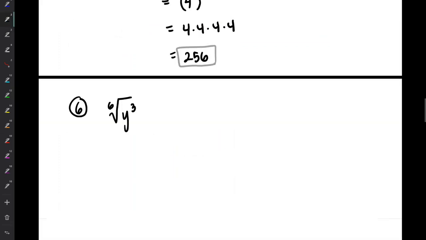All right, now let's go ahead and do example 8. Example 8 was the 6th root of y cubed. So all that we're practicing here is noting that the root that you're taking is the denominator of the fractional exponent.